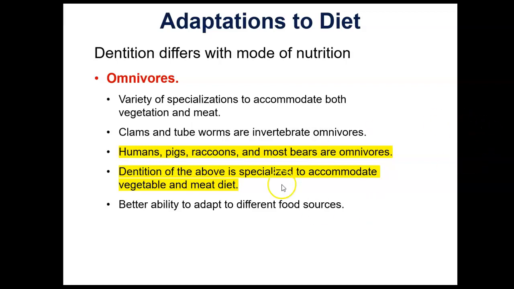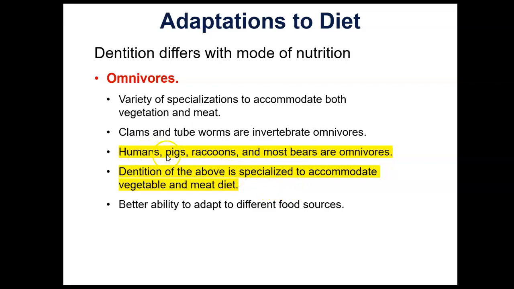So we're going to focus on the complete digestive tract. I also want to mention the different modes of nutrition. Animals that are omnivores, carnivores, and herbivores have teeth that are specialized for eating their particular diet.